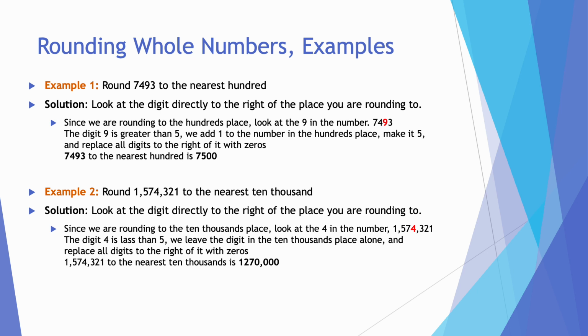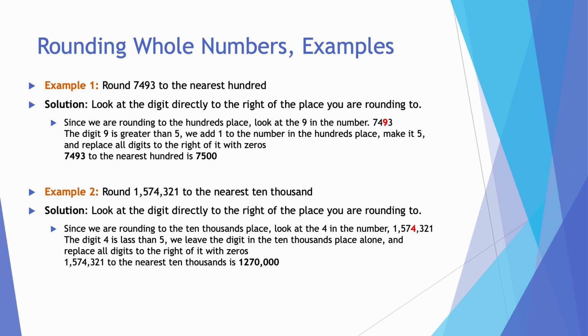In example 2, I want to round 1,574,321 to the nearest 10,000. So I want to look at the digit directly to the right of the place I'm rounding to. The number in the 10,000s place is 7, so I want to look to the number directly to the right of the 7, which is a 4 in the thousands place.